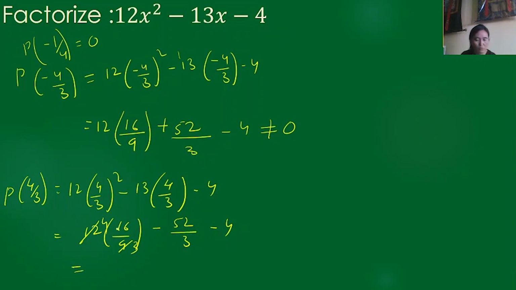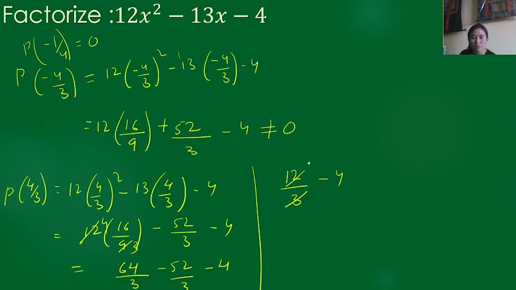So this will be equal to 4 into 16, 4 6 are 24, 4 1 4, 5 6, 64 by 3 minus 52 by 3 minus 4. So the denominators are same, we'll subtract: you will get 4 minus 2 is 2 and 6 minus 5 is 1 by 3 minus 4. So 3 1 is 3, 3 4s are 12 and 4 minus 4 is 0.